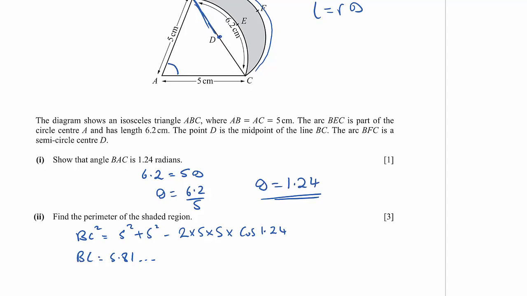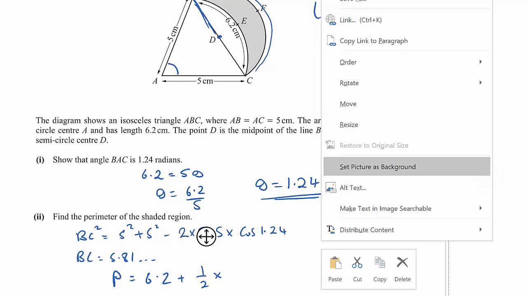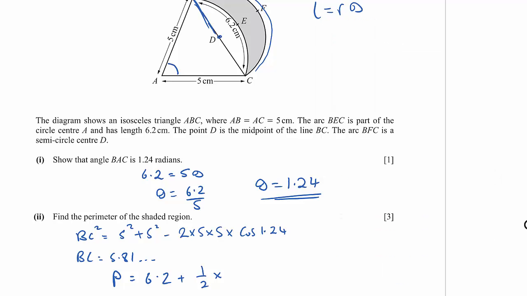So BD. So the perimeter is going to be the 6.2 plus a half times the circumference for that semicircle. So that would be 2 times pi times the radius, which is 5.81 divided by 2.